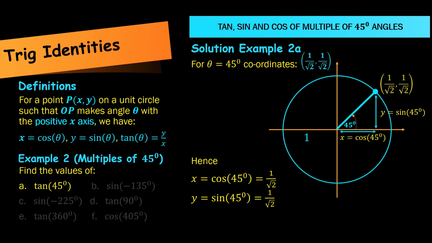Tan theta equals y over x. So let's substitute the values of y and x. So here's y, and here's x. And of course, dividing one by the other gives us 1. So tan 45 degrees equals 1.